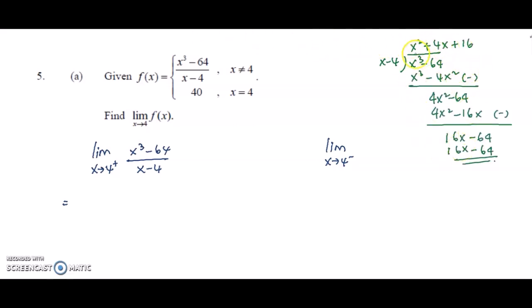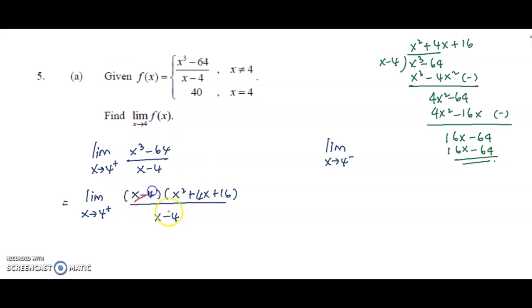From the long division, I have my quotient. So you can write your function in this form. Your polynomial x cubed minus 64 can be written as x minus 4 multiplied by x squared plus 4x plus 16, and this is going to be divided by x minus 4.